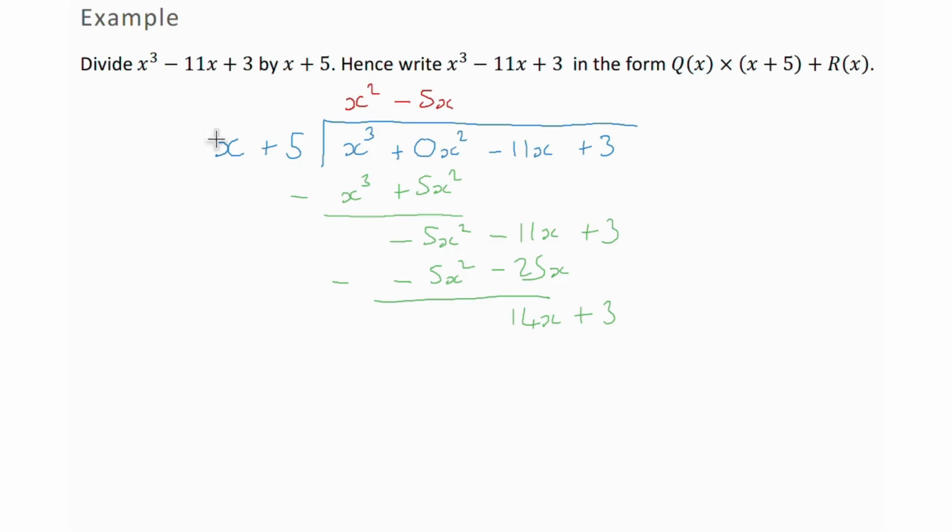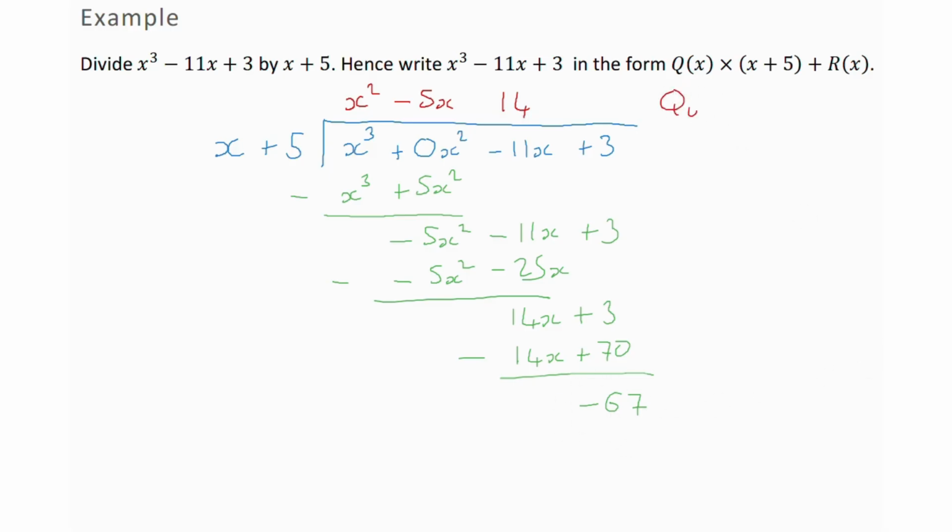We're saying, what do we have to multiply x by to get to 14x? It would have to be 14. What do we actually get when we multiply that by x plus 5? We get 14x plus 70. And when we take that away, they cancel out and we get minus 67. This gives us our quotient and our remainder here.